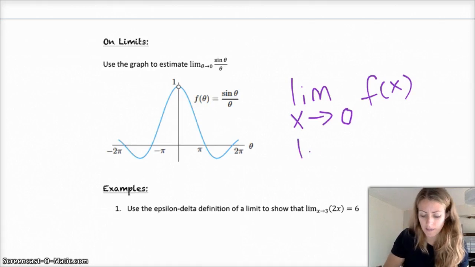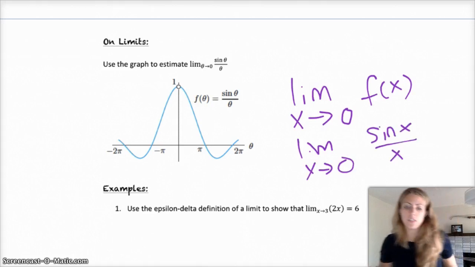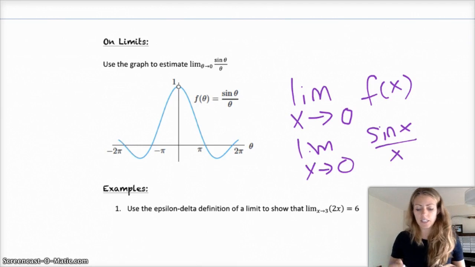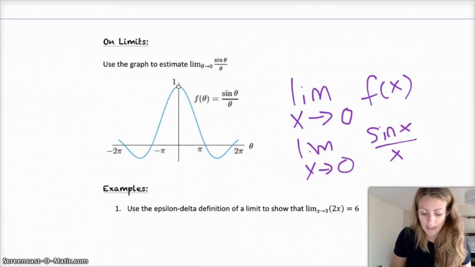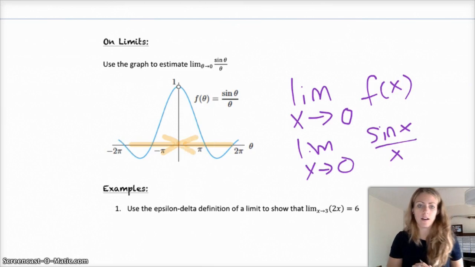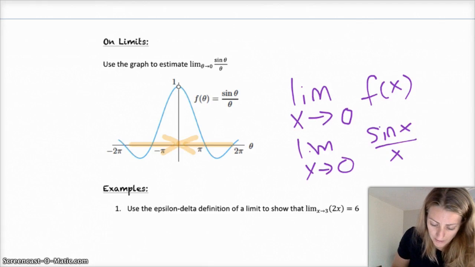So we're looking at the limit as x approaches 0 of sine of x over x. You're looking on the x-axis, as x approaches 0 from either side, the negative side or the positive side, which is right there in the middle.